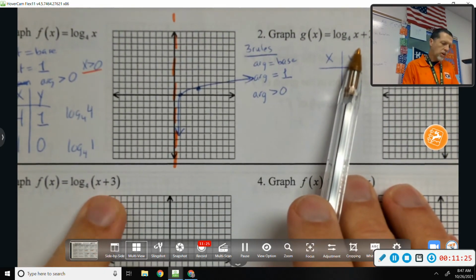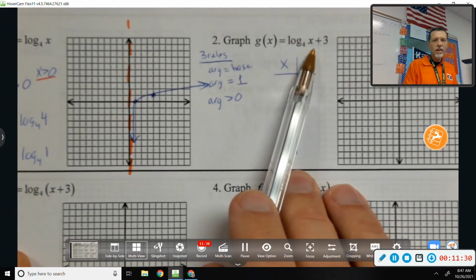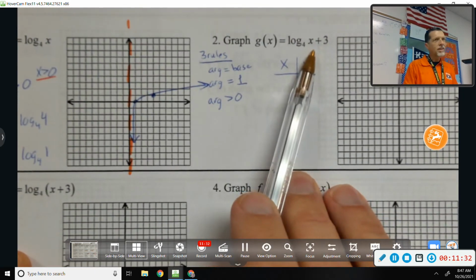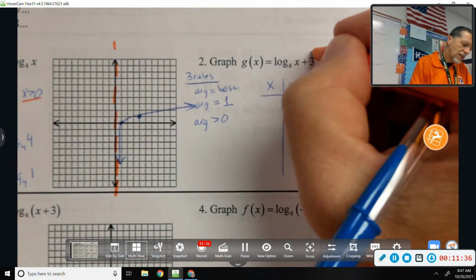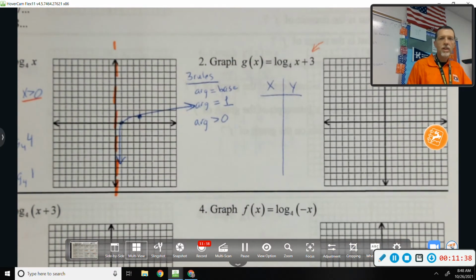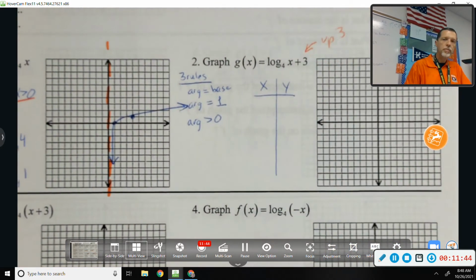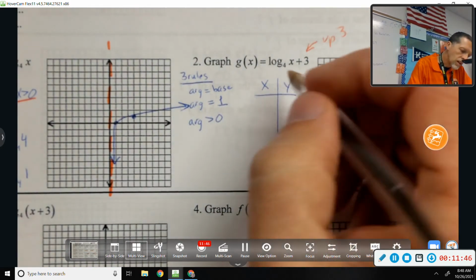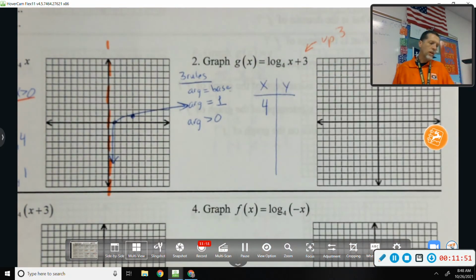On number 3, the argument is x plus 3. On number 2, what's the argument? Just x. If we're thinking parent function, which is the other way to work these, what's the plus 3 do at the end to the graph? It makes it go up 3. Alright, if I want the argument to equal the base, that means we should put 4 there.